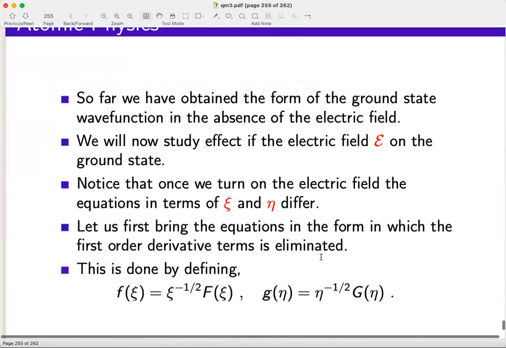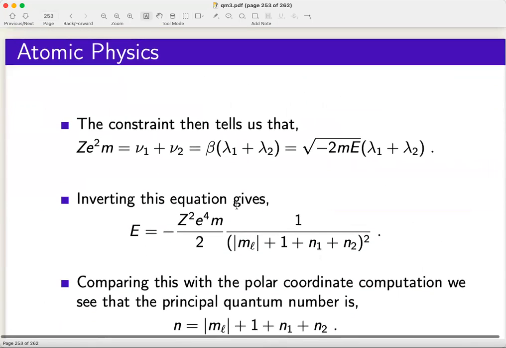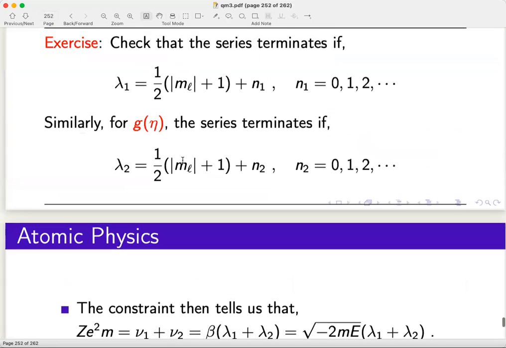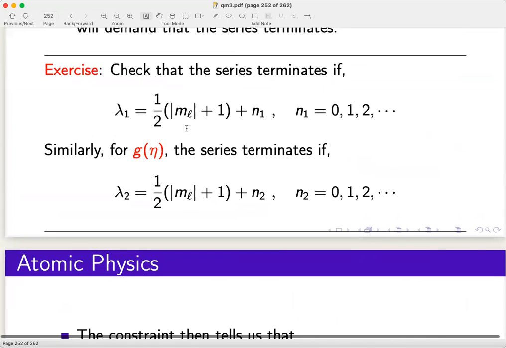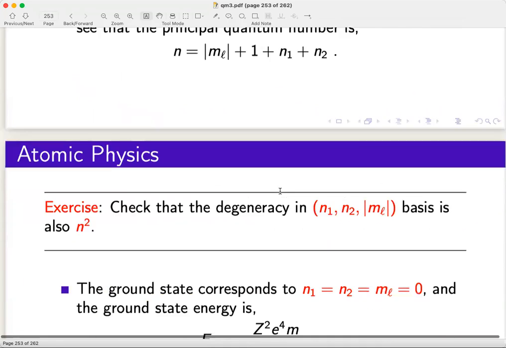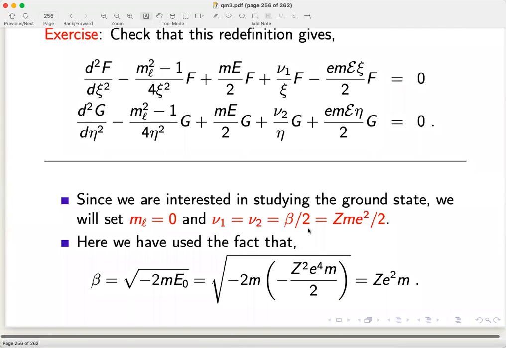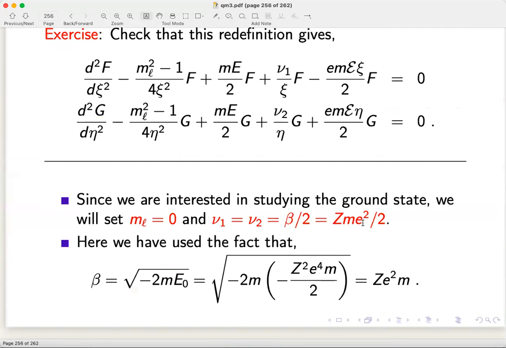Now it's not immediately obvious why this would be the case, but if you go back and check further back, if you look at the ground state and set ml equal to 0 and n1 and n2 equal to 0, then lambda is just half. And lambda equal to half tells you that nu1 and nu2 are beta by 2 each. So that is what we are doing here. So nu1 and nu2 are beta by 2, and beta is of course Z m e squared by 2.